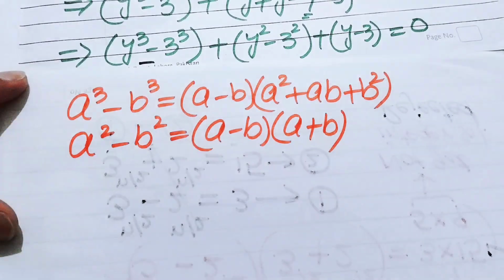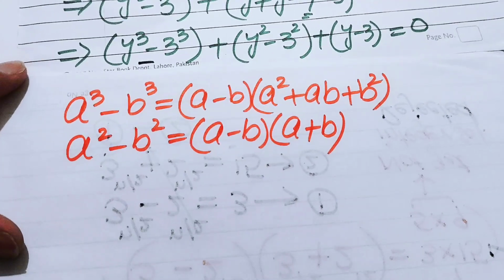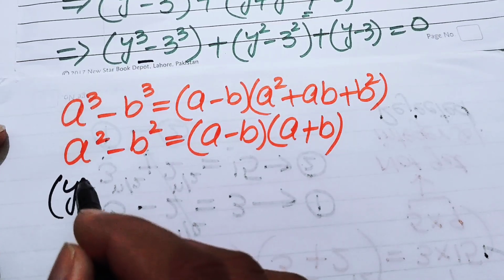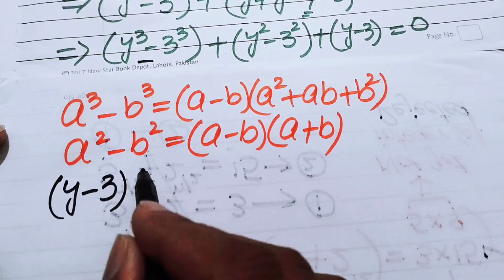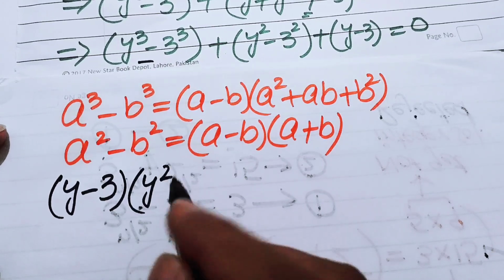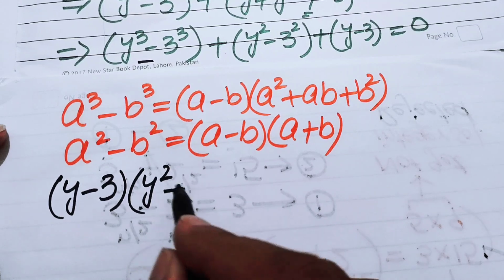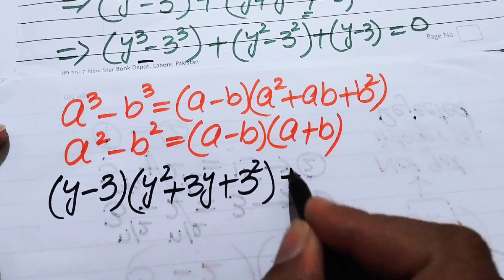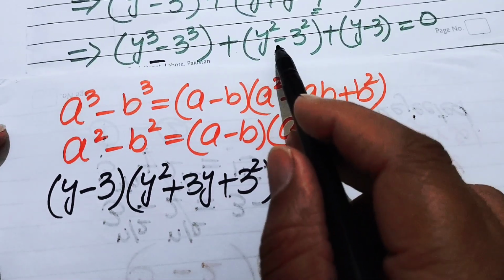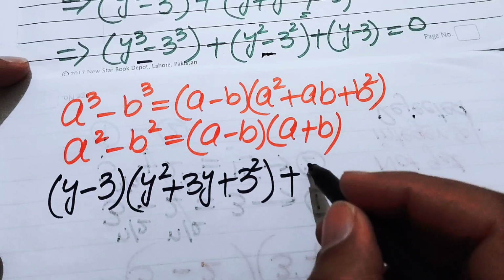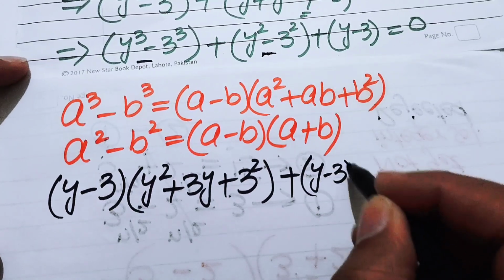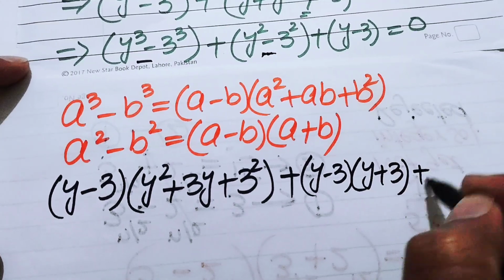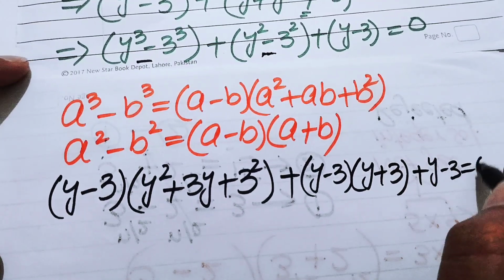First I can use the cubic formula on this term, and you will get here y minus 3 times y squared plus 3 times y plus 3 squared, plus here we use the square identity and you obtain y minus 3 times y plus 3, and we have plus y minus 3 equals to 0.